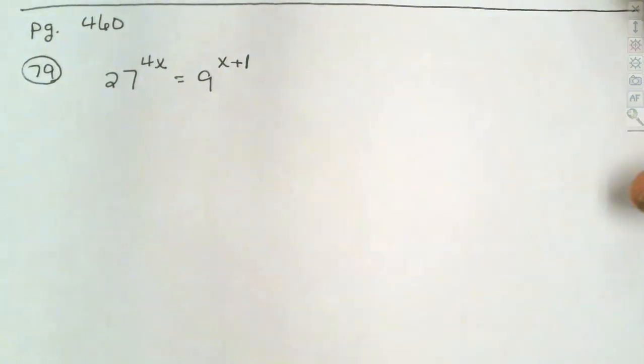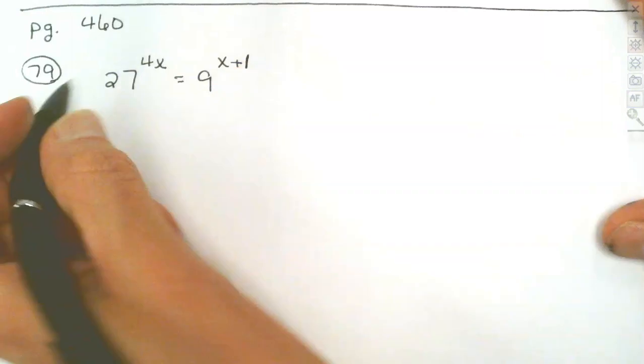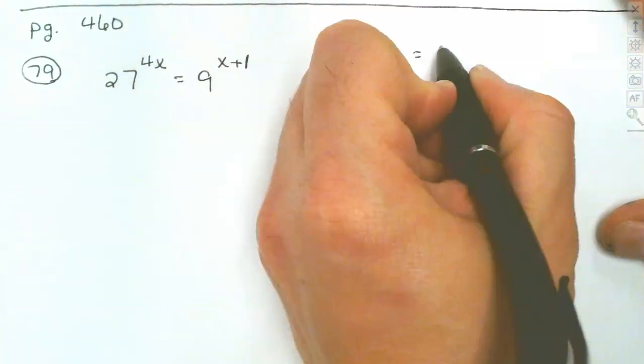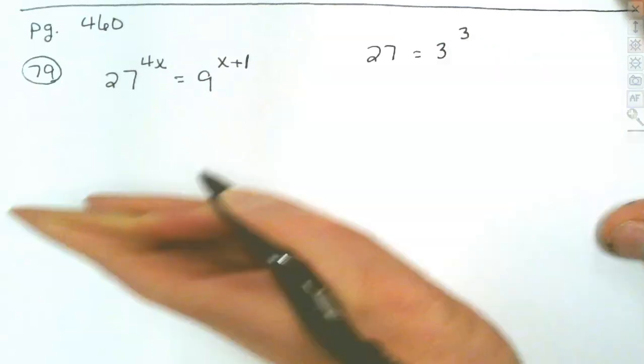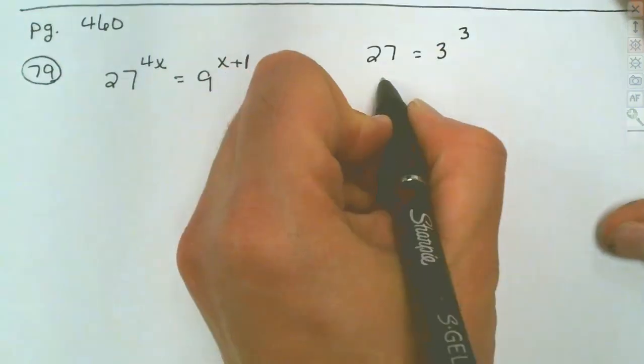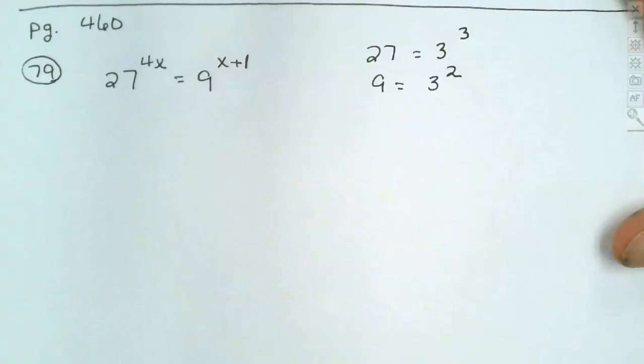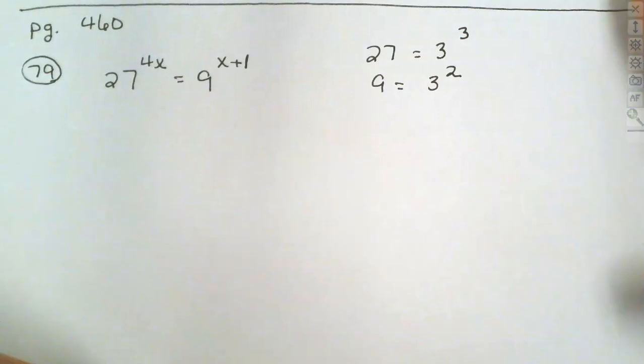So we can rewrite this now. We know 27 is 3 cubed. And we know 9 is 3 squared, right? Okay, are you okay with that so far? Yes, 3 cubed is 27, and 3 squared is 9.